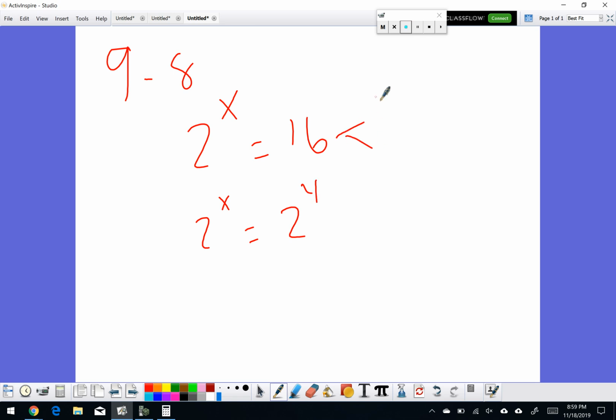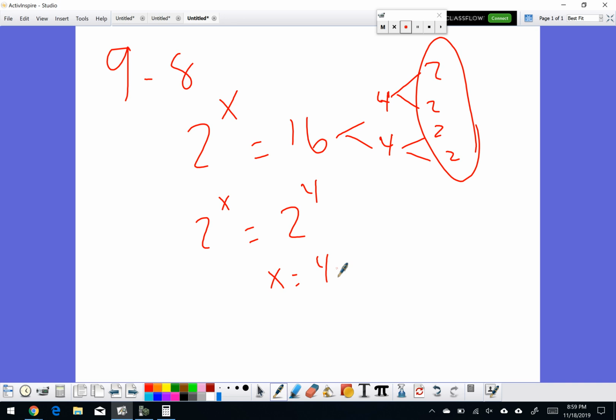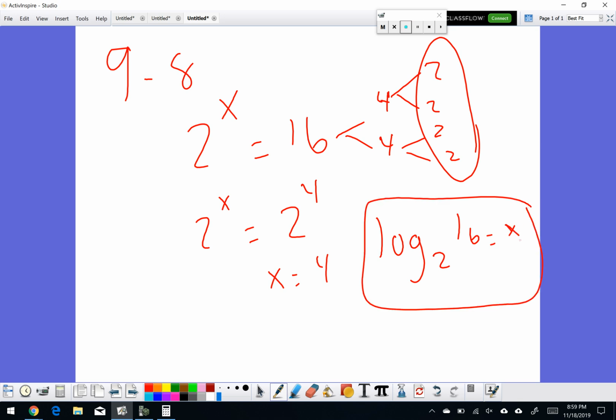Once again, breaking it down, 4 and 4, 2 and 2, 2 and 2. It's 2 to the 4th, so x is 4. But we could also have gone log base 2 of 16 equals x. And then I go to my machine.